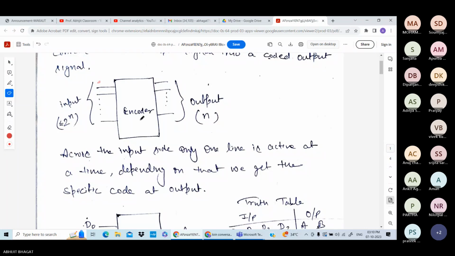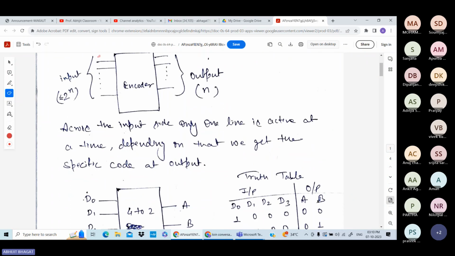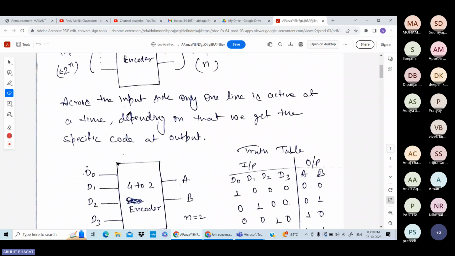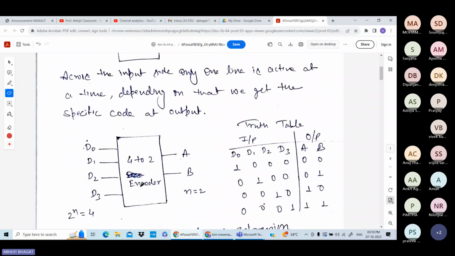Now, we first discuss the very simple encoder circuit. The very simple encoder circuit is the 4 to 2 encoder. In case of 4 to 2 encoder, you can see 4 inputs are there and 2 outputs are there.